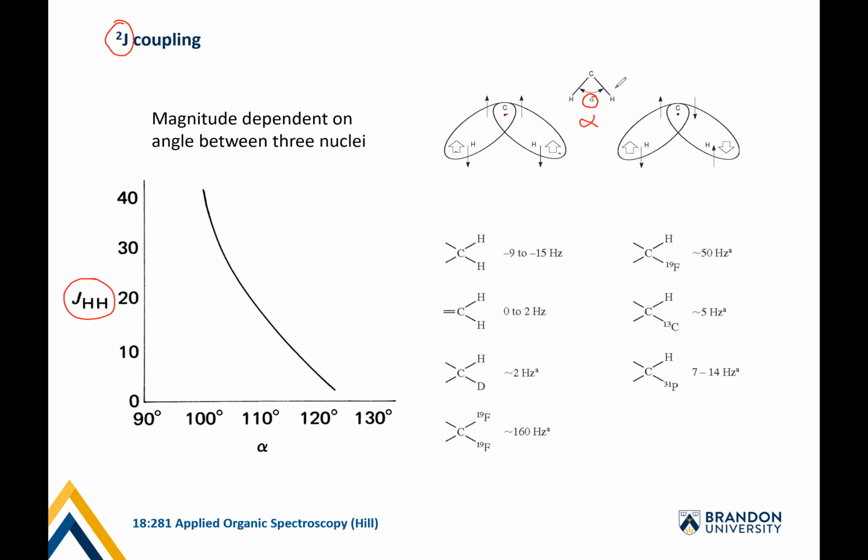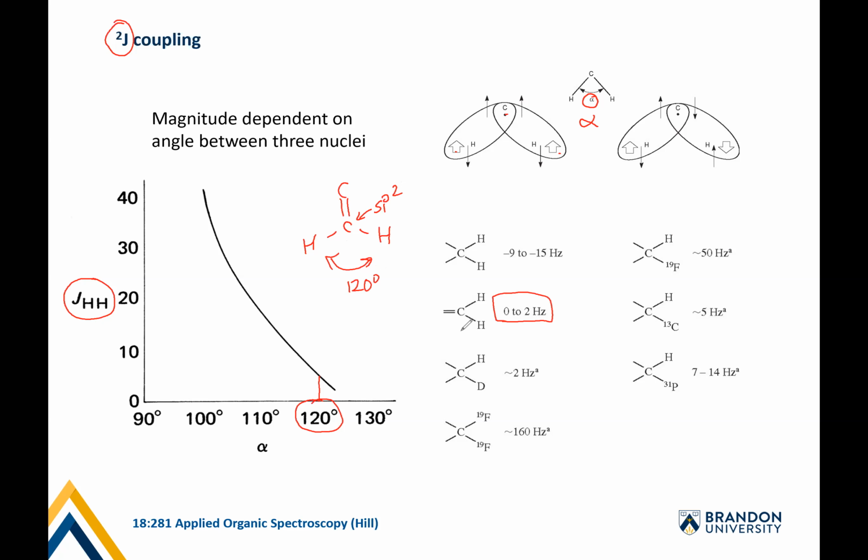So when the angle is large, like 120, the coupling constant tends to be quite tiny. An example of this would be protons on an sp2 hybridized carbon. The bond angle here is approximately 120 degrees, and you'll see that this value is quite small.